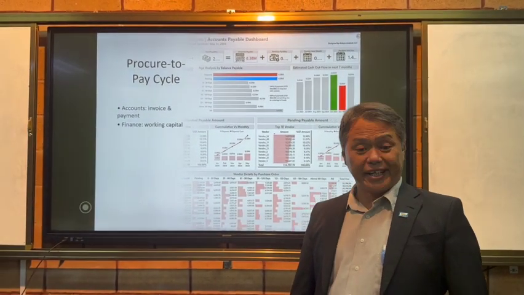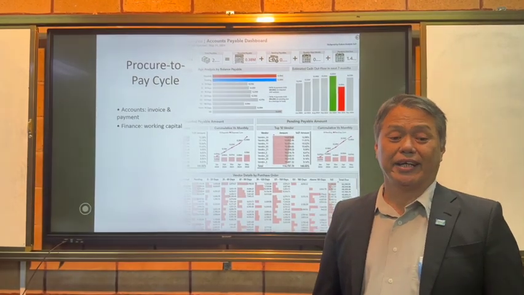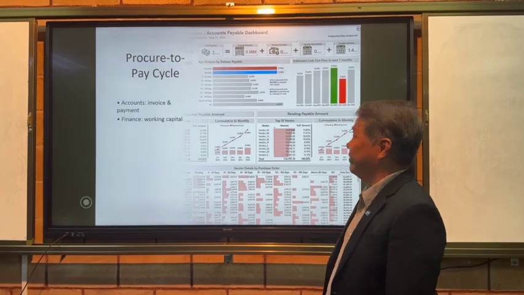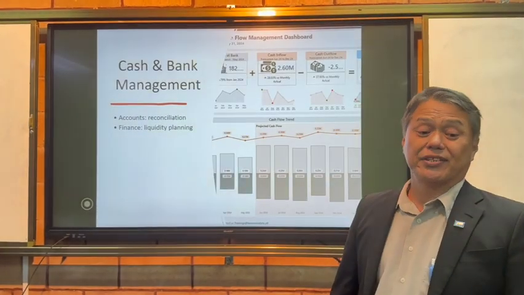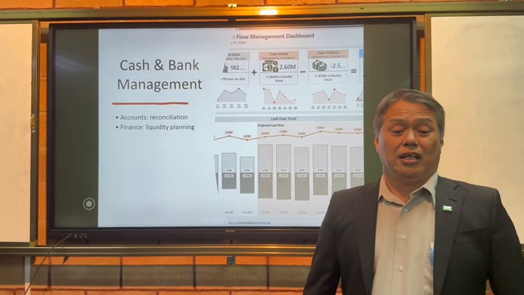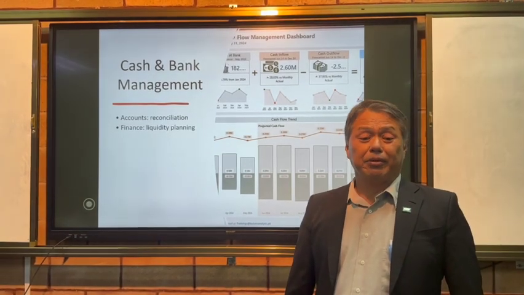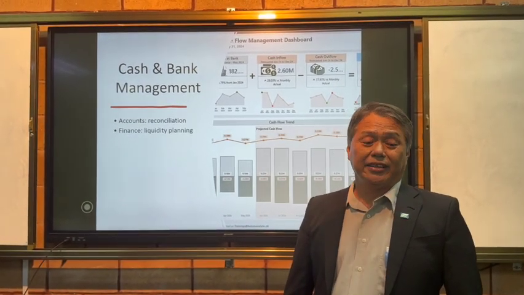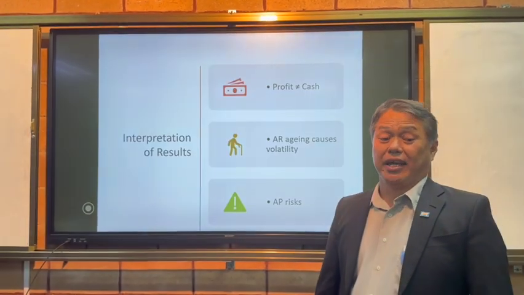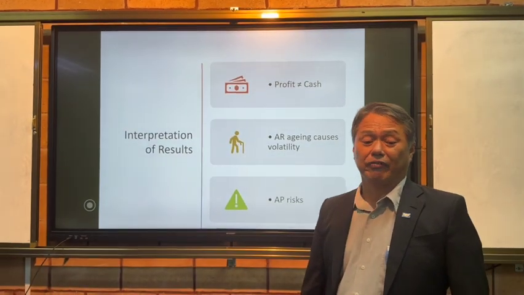We are monitoring this closely to ensure that we don't have impact when the relation or cash outflow are necessary. The next is the cash and bank management. Thirdly, we bridge the gap between simple reconciliation and strategic liquidity planning.